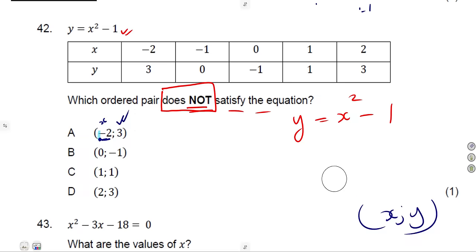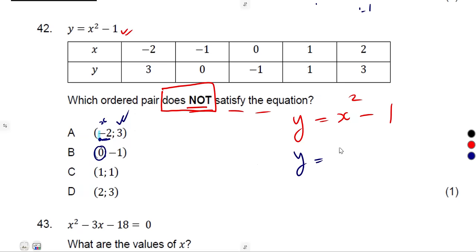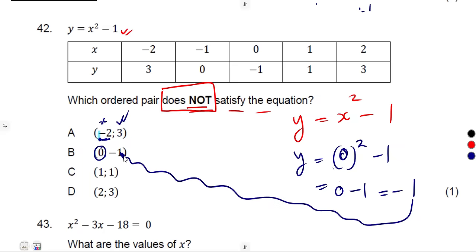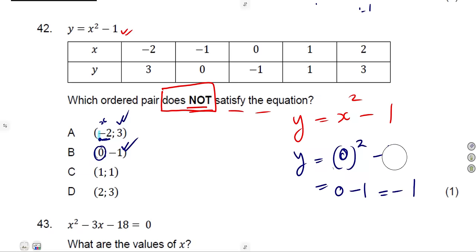When our X is 0, test and put that in and see. 0 squared minus 1. 0 squared is 0, minus 1, which is minus 1. Is it what you have there as your y value? Exactly. Minus 1. Let's move on to see when our x is 1.